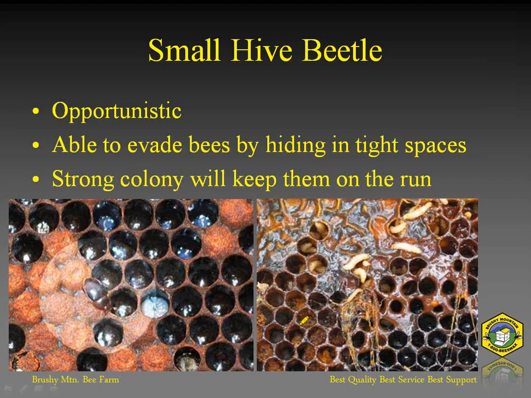Now, it's worth mentioning that there are some locations where, no matter how strong your colony is, it will have problems with hive beetle, because hive beetle can reproduce on a secondary host, and that secondary host can be composting vegetables like melons and squash.